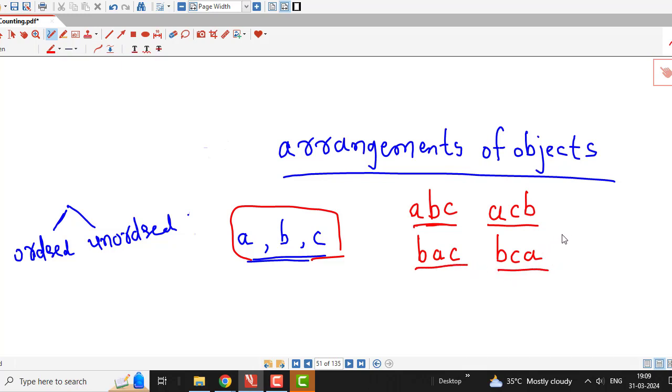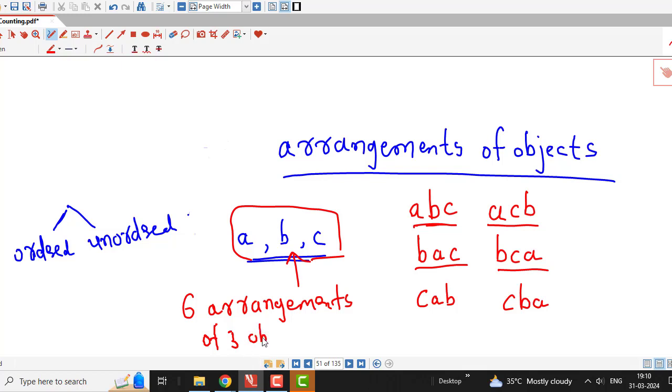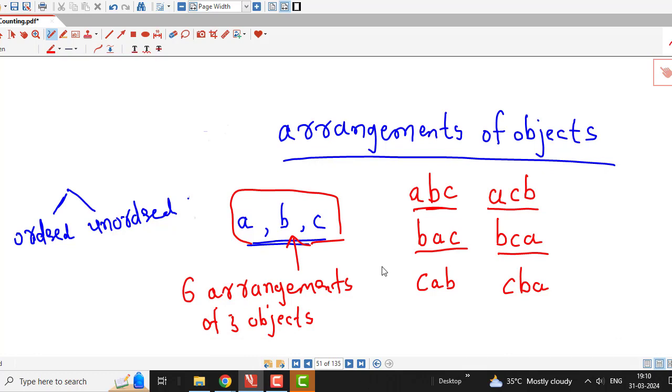These are also considered different arrangements because order matters here. Similarly, I can have CAB and CBA. So if order is important, we can see I have 1, 2, 3, 4, 5 and 6 arrangements of these three objects. There are 6 arrangements of three objects taken all at a time.